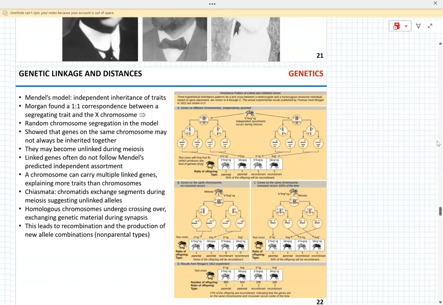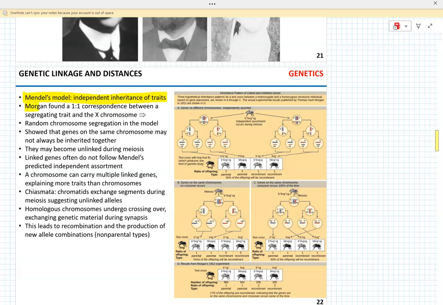Now, our conversation before was circling around the concept that each trait is inherited independently. However, it may not always be true, as we now know since we mentioned the concept of linkage. So Mendel suggested that traits are inherited independently.